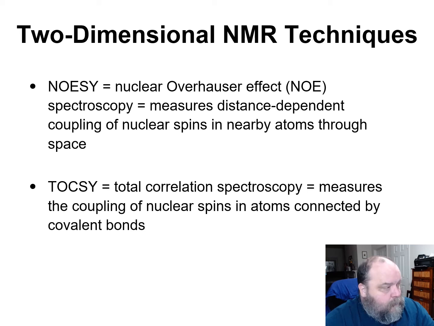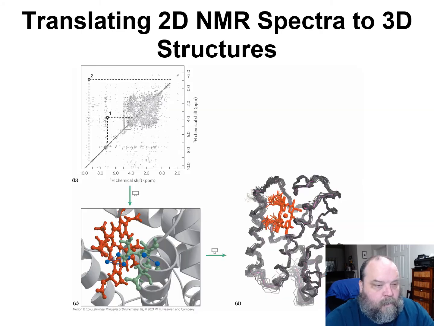Now, there's more modern day ways of looking at it, what they call two-dimensional, either NOSY or TOCSY. They're going to have slight variations to what we were talking about there. These slight variations in timing, what you're measuring, how you're measuring it, they think gives us a better overall idea of the structure.